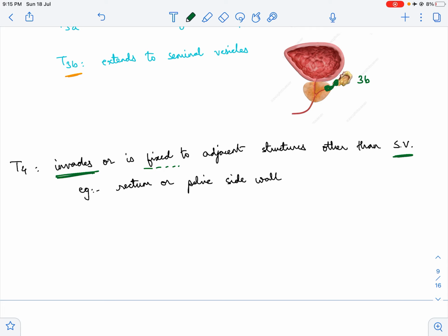This rectal fascia prevents the invasion of the rectum by the CA prostate, even though the rectum is situated adjacent to the prostate. So by virtue of this fascia, the rectum is not involved. Basically what I'm trying to say is that the carcinoma of prostate can be fixed to the rectal fascia, or it can invade another structure like, say, for example, the bladder or the vagina. That is called T4.